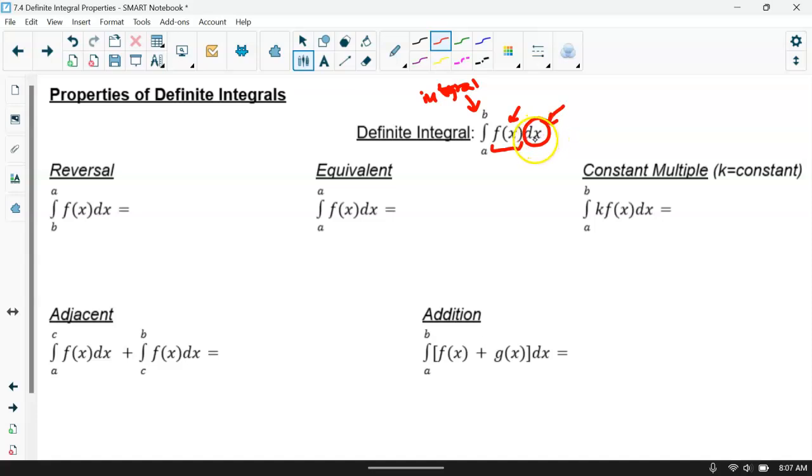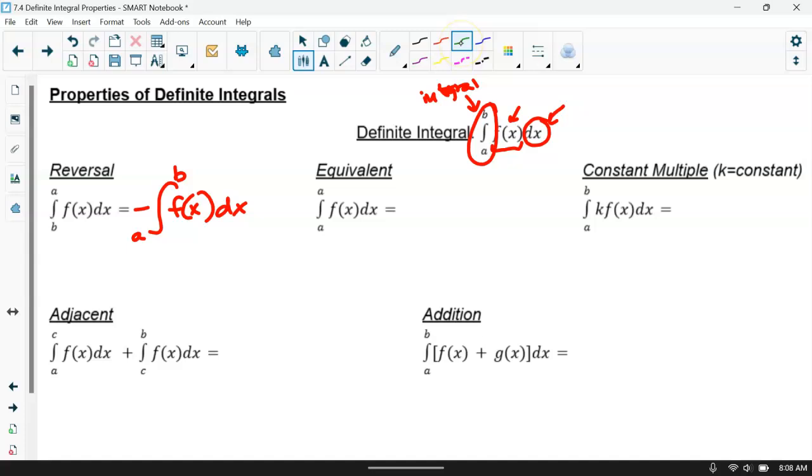So in this case, with respect to x. This is our form of our integral a to b, that increase. So with our reversal of b to a, remember we switch the signs. This is like saying we're going to take the negative value of our original a to b of f of x with respect to x, so dx.